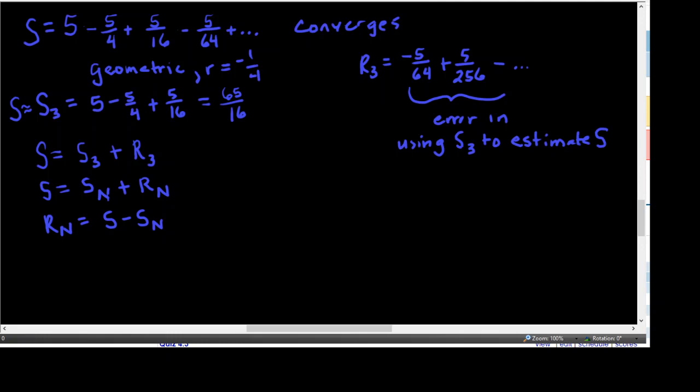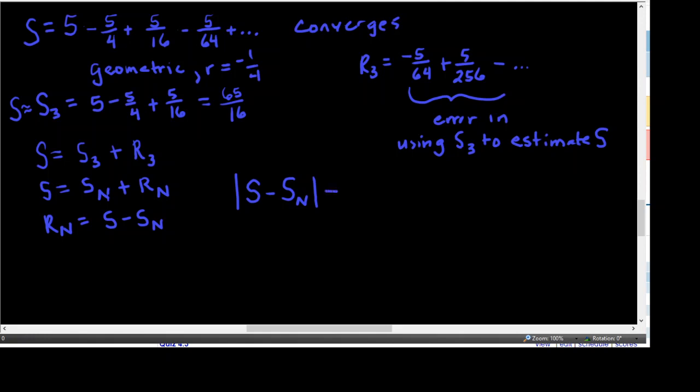And we're going to want to consider that error amount, we want that to be a positive number. Error is how far you are away from something. That's a distance. And S minus S sub n might not be necessarily positive, when you're subtracting, you don't necessarily know that it's positive. So to make it positive, I'm going to put absolute values, so that tells me the distance I am away from the actual answer.